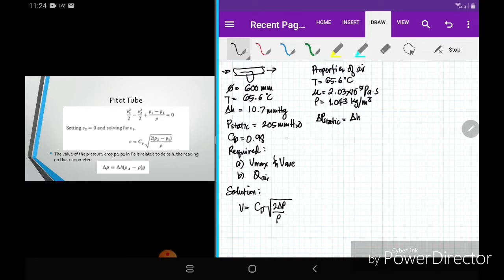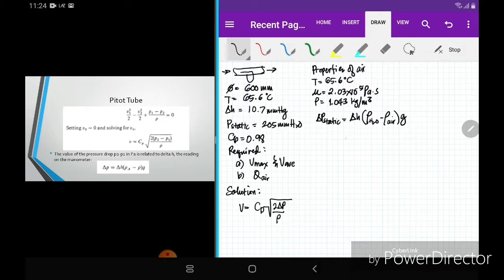We're given that the static pressure is 205 millimeters of water, so that's your delta H for the static, multiplied by the density of water minus the density of air, multiplied by the value of g.